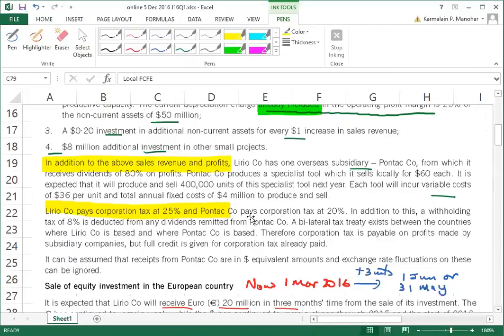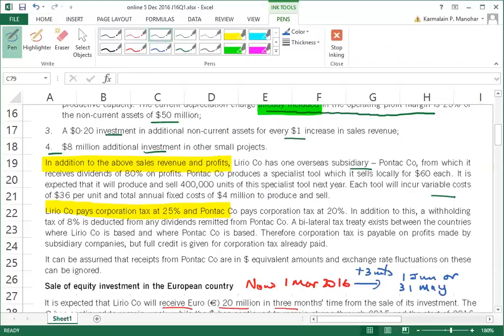One, obviously subsidiary Pontac Co., from which we receive dividends of 80% on profits that they produce. A specialist tool sells for $6 each, expected to produce 400,000 units in the next year, which is where we're working currently.